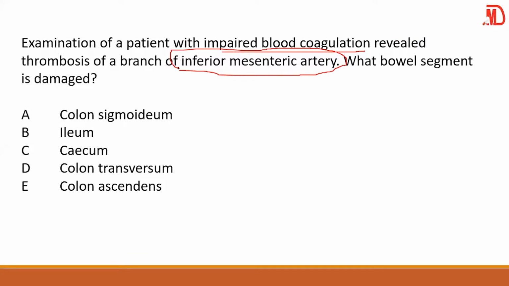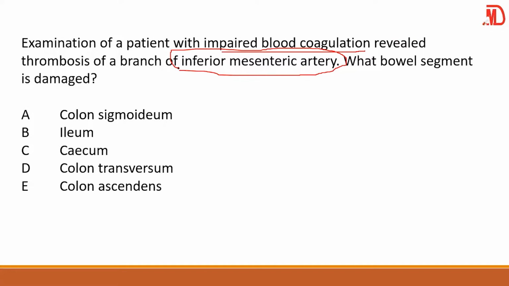So over here, you need to know the branches of the inferior mesenteric artery and which organ or which intestine it supplies. So the inferior mesenteric artery has the following branches. We have the left colic artery, we have the sigmoid artery, and then we have the superior rectal artery.